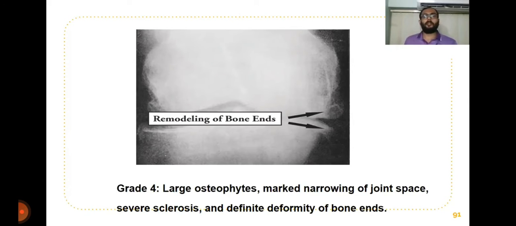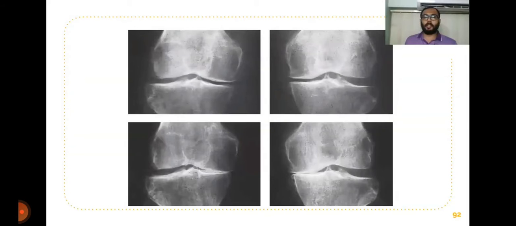Definitely in grade 4 osteoarthritis, it is better to go for total knee replacement. But if the patient denies that treatment, then we can take up that case after explaining the prognosis.